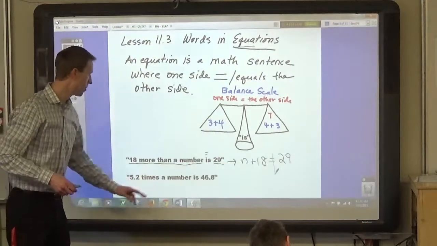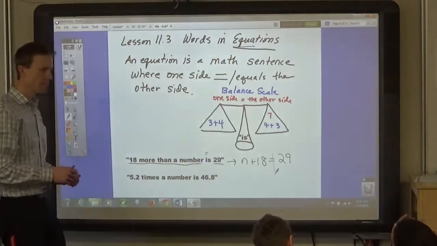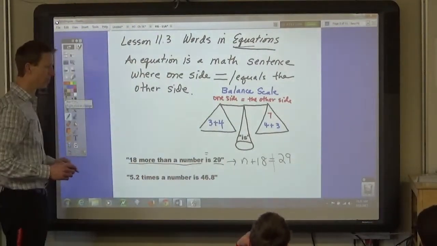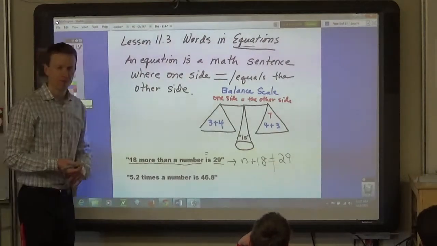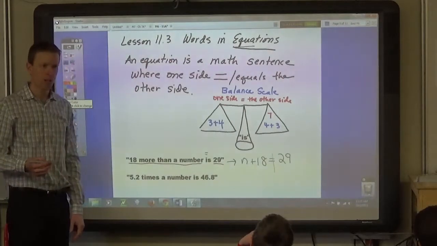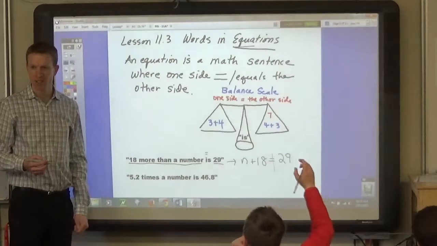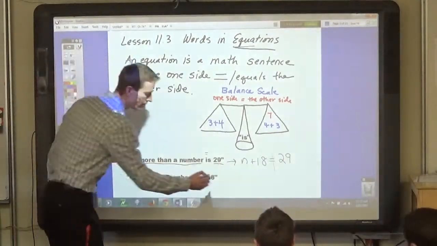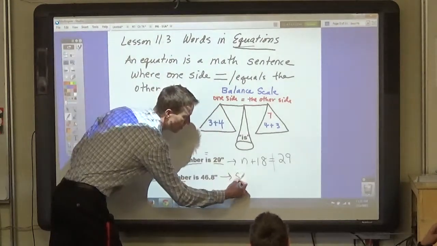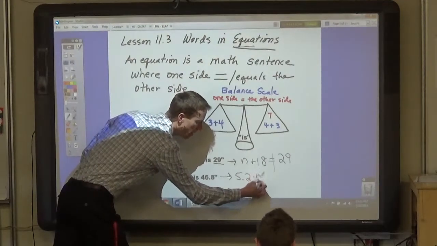Let's take a look at this one. 5.2 times a number is 46.8. What are the two sides of the equation? So we're going to translate this. 5.2 times a number. How do we write that as an expression? Sandy? 5.2 dot n.